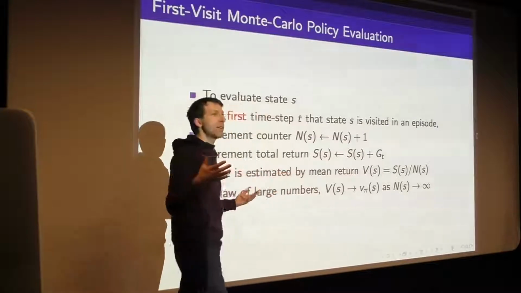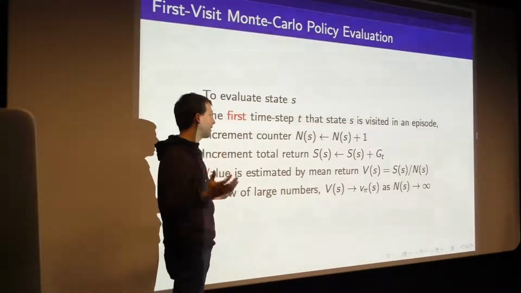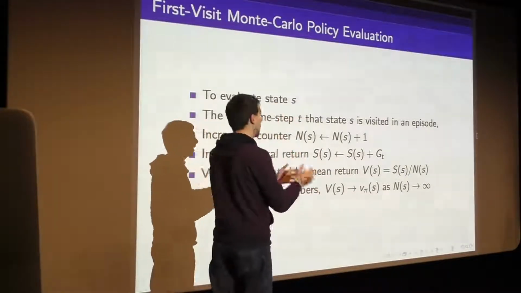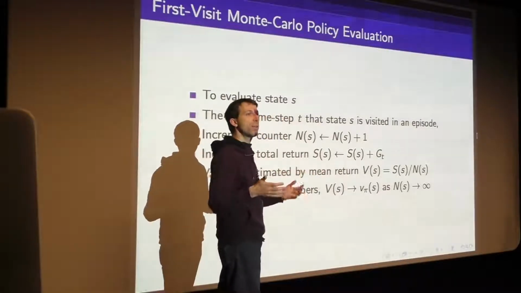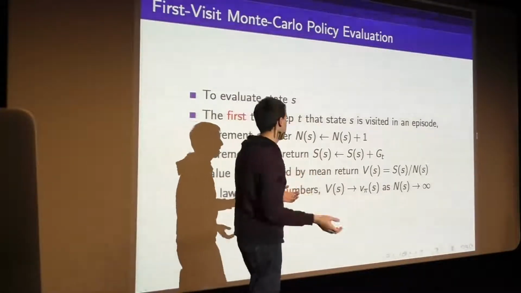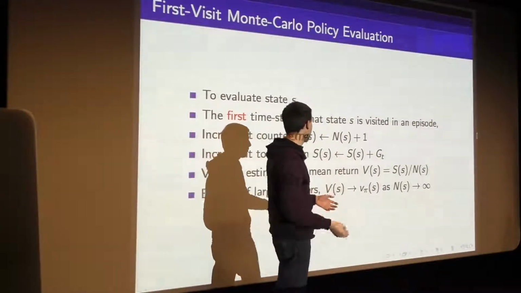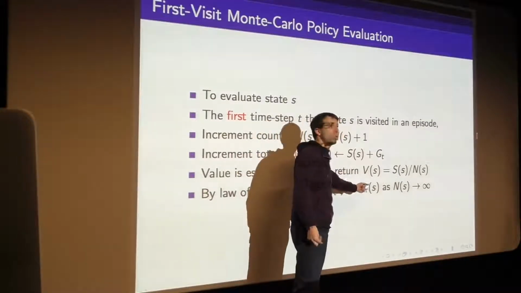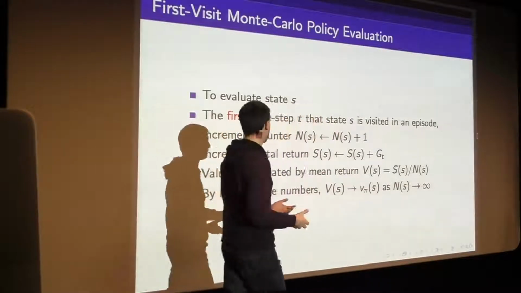All we're going to use is a very simple mathematical result, the law of large numbers, which says that when you take a mean of a bunch of IID random variables, the mean actually does approach the true expectation. So if we randomly sample enough episodes, this very simple idea of Monte Carlo learning really will converge on the true value function for our policy as we get more and more samples.